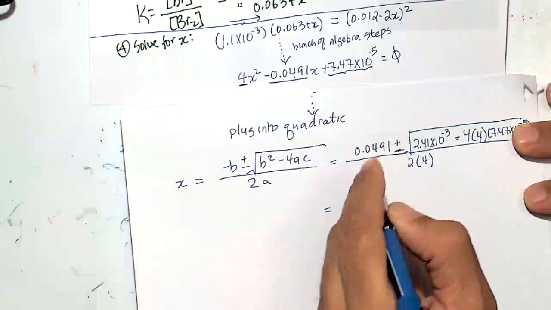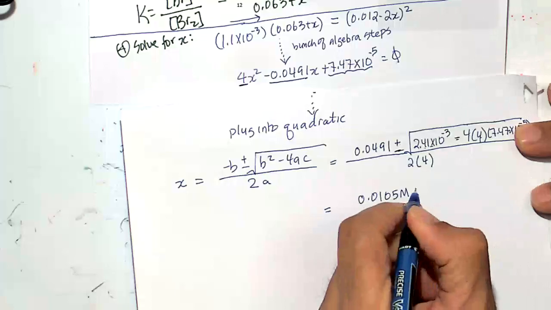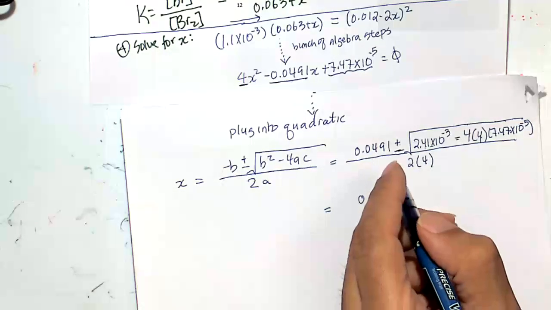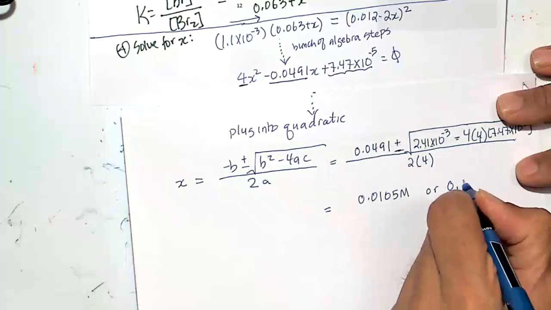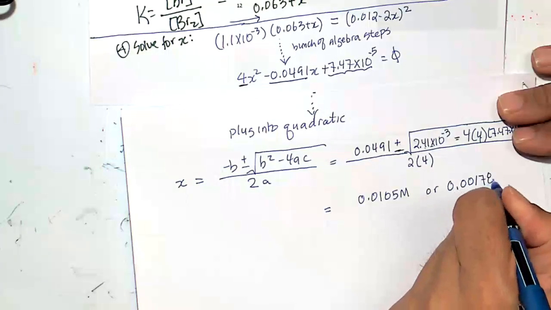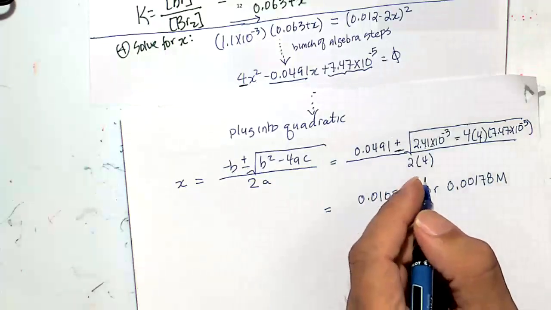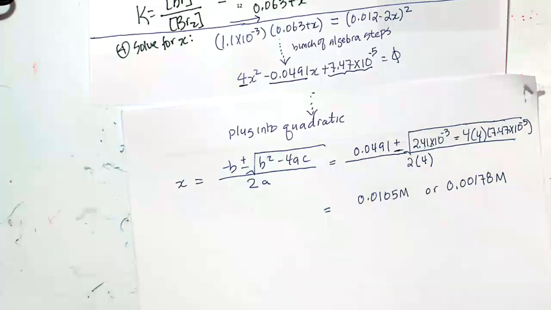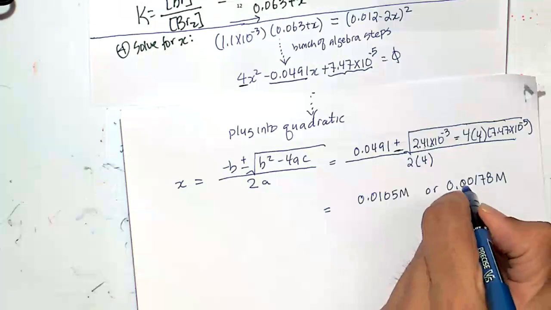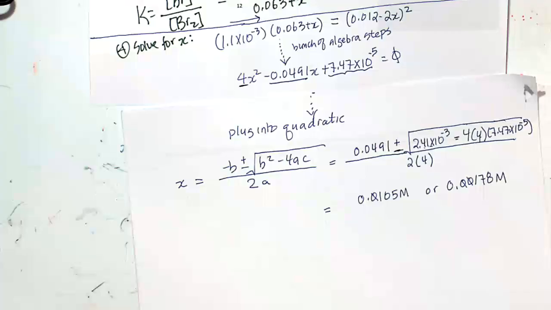One answer, the plus, will give you 0.0105 molar. The minus will give you 0.00178 molar. So you're going to get two answers. Which answer is right? Is that 0.00178? Yes. Okay, putting it into the quadratic.